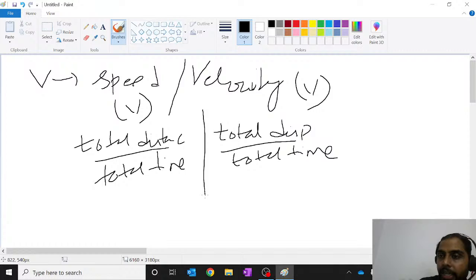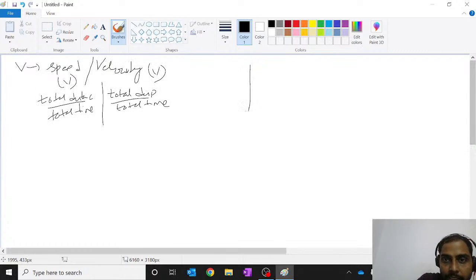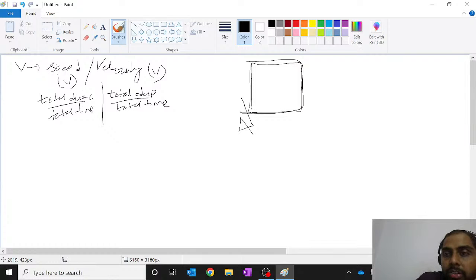Clear? Understood? So, for example, in the previous case where we have seen a square or a circle. Let's say this is your square, starting from point A. Now, if you've traveled this in 10 seconds, and the side of the square is 10 meters, what is your distance that I've told you?